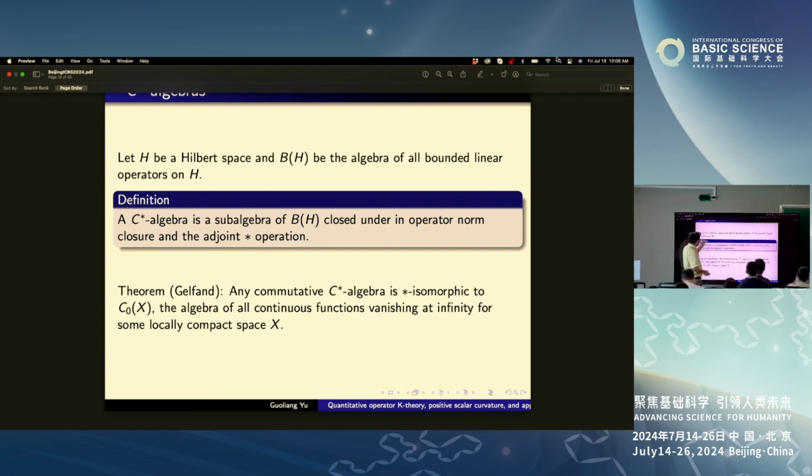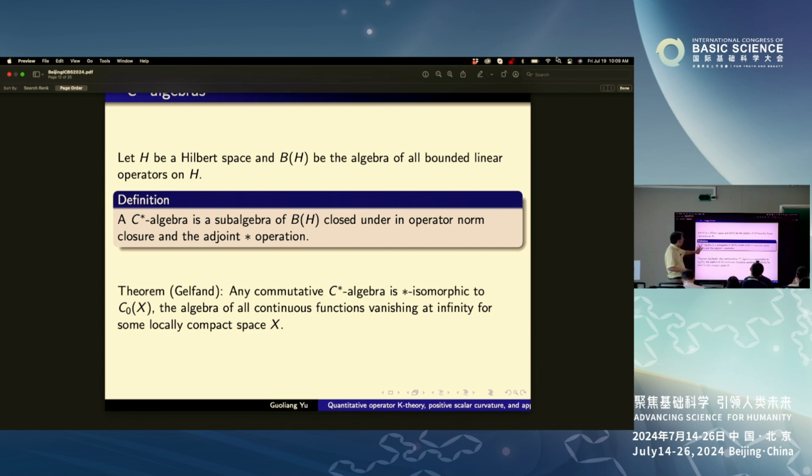It has the natural adjoint, or star, operation, and also the so-called operator norm, which measures how much you are distorting the length of a vector. A C-star algebra is a subalgebra of this huge algebra, closed under the operator norm closure and the adjoint operation. So that's a very simple definition.